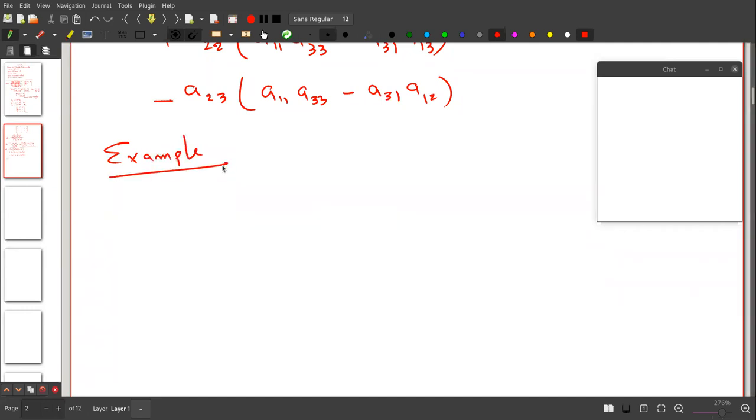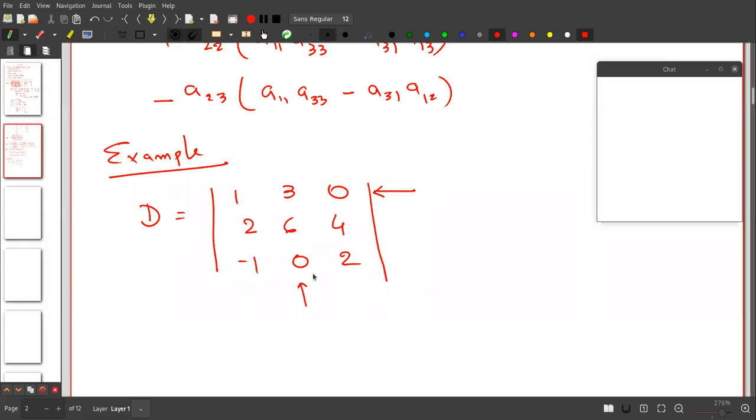So let's calculate the determinant of, say, D equals 1, 3, 0, 2, 6, 4 and minus 1, 0, 2. So I'll suggest you take down your pen and paper and start doing it. I'll prefer you take this row or this column, because there is already a zero there.